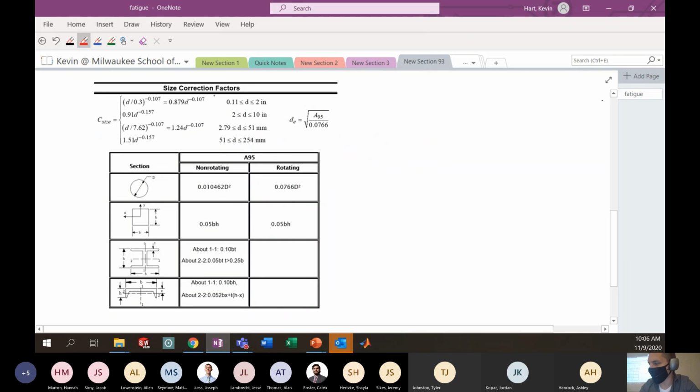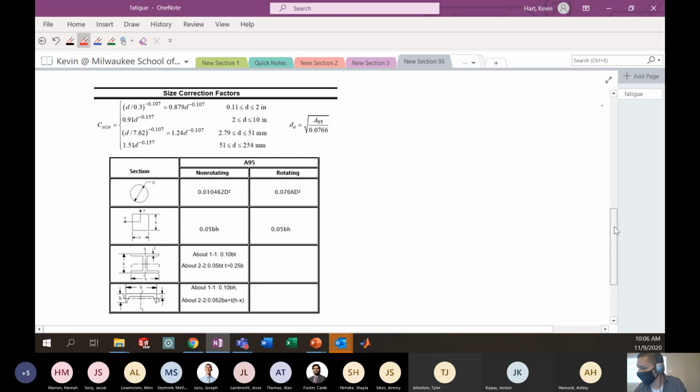More or less it's given by these equations that you see here. And whether you're in metric or in English units, and depending on the size of the hydraulic diameter or the effective diameter that you have, you're falling in different regions. So here the D's that appear inside of these equations are the effective diameters of the pieces.